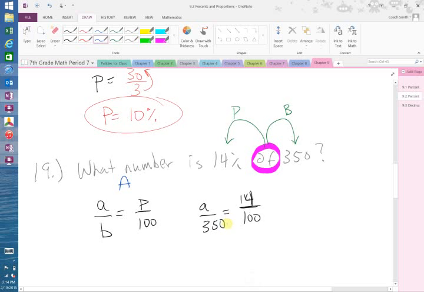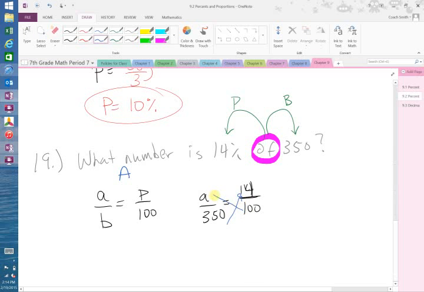Okay, now we cross multiply. 100 times A is equal to 350 times 14.